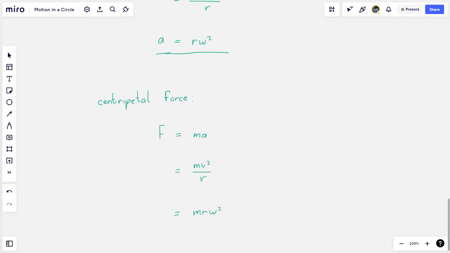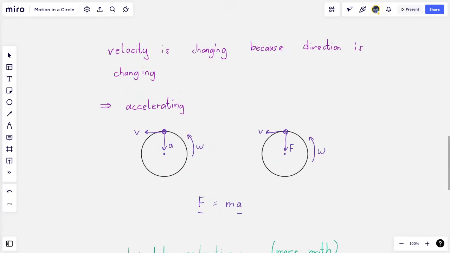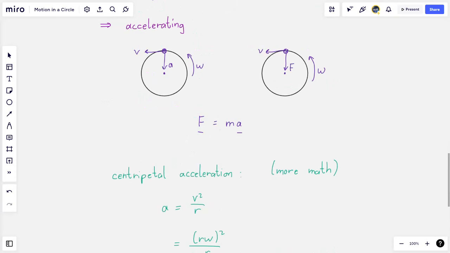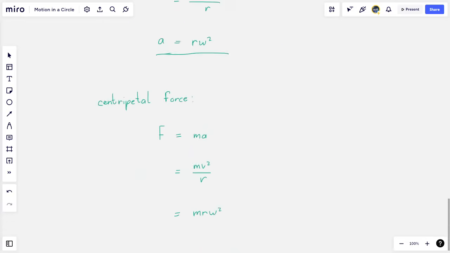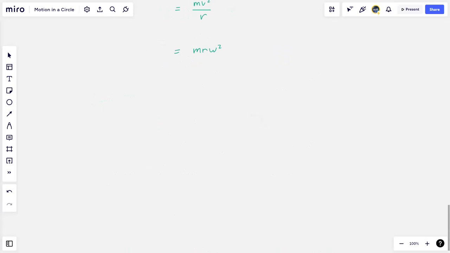Note that the speed here must be constant, must be a constant v, and the force needs to be constant as well towards the center of the circle. So for centripetal motion to occur, we must have a constant force, a constant speed.